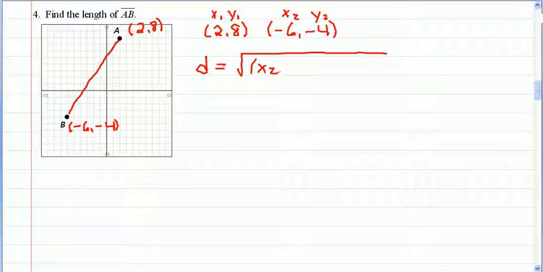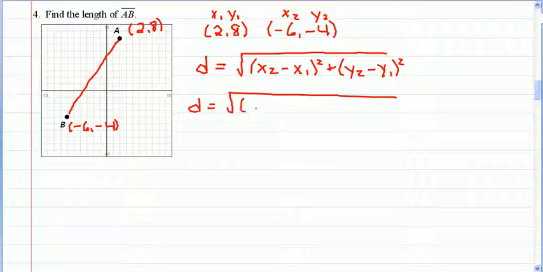So x2 minus x1 squared plus y2 minus y1 squared, and I have -6 minus 2 squared plus y2, which is -4 minus 8 squared.